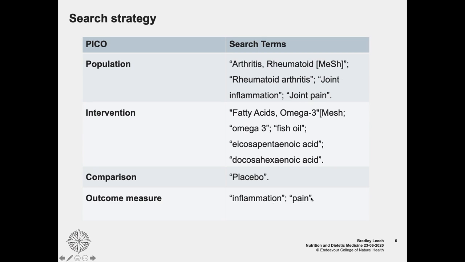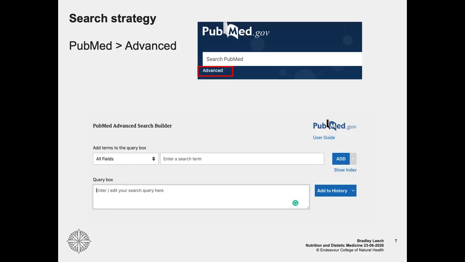Now, when developing a search strategy, we've got things called an arm. For this particular PICO question, we're going to be utilizing a 4-arm search strategy. So let's see what that involves. To conduct your search in PubMed, head over to PubMed and then enter Advanced.